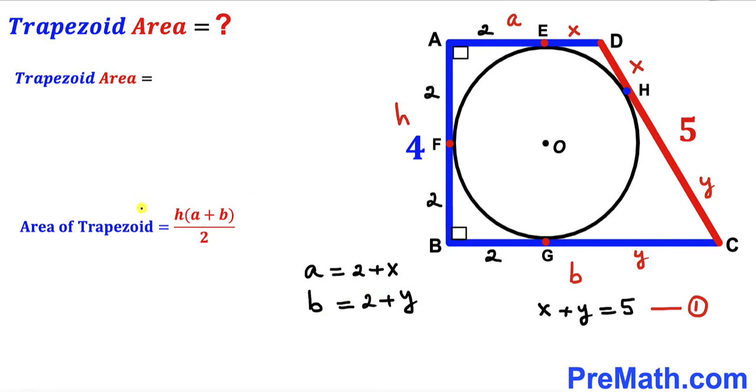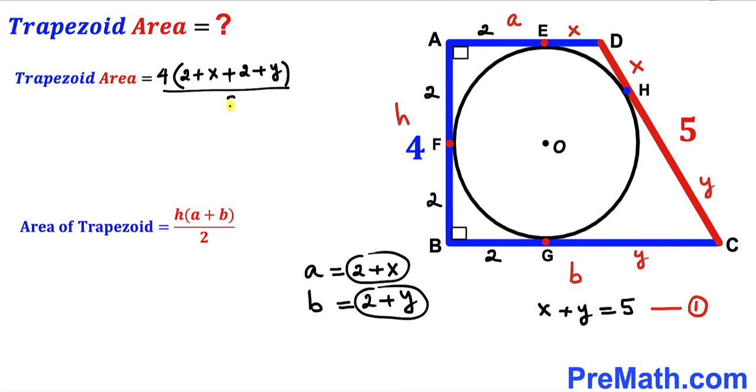Let's fill in the blanks in this formula. Our height h is 4, times a value 2 plus x, plus b value 2 plus y, all over 2.